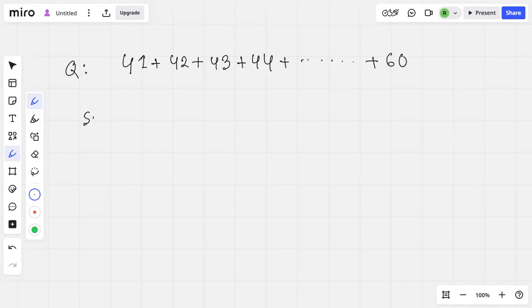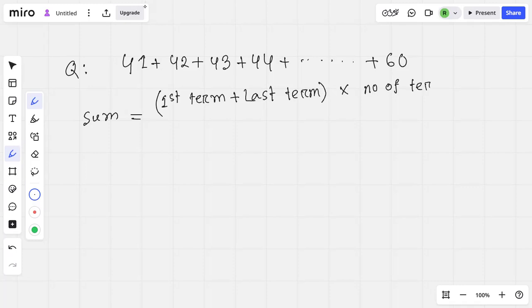We'll write like this: sum equal to first term plus last term multiplied by number of terms divided by 2.